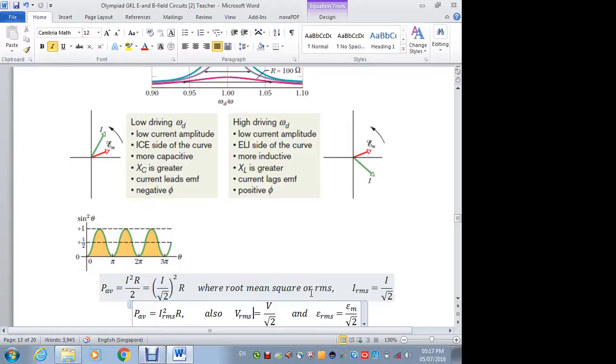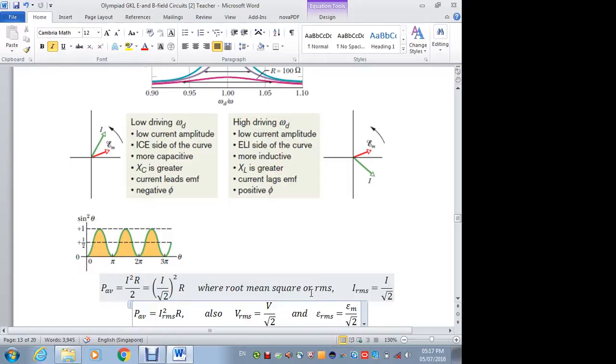Root mean square means you perform the functions the other way around. In mathematics, root mean square means you always perform square, mean, and root. You learn this next year in year 2. So you perform square, mean, root.